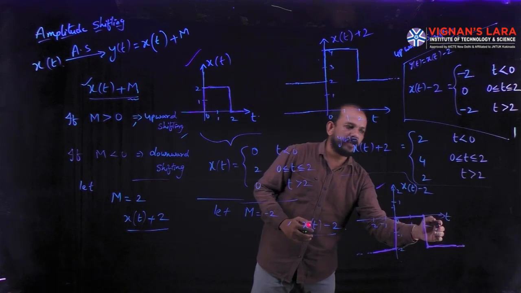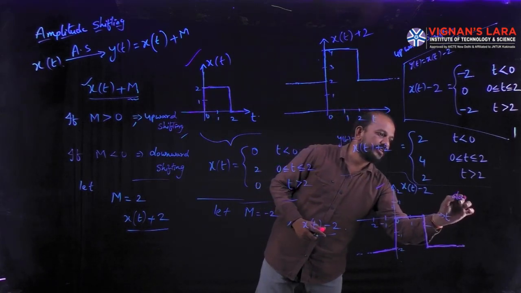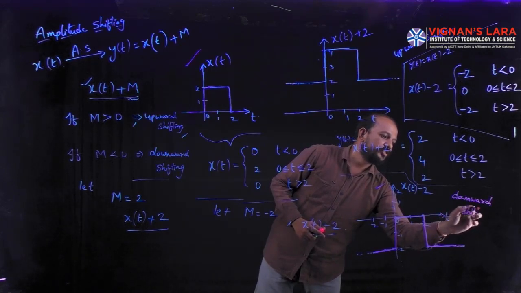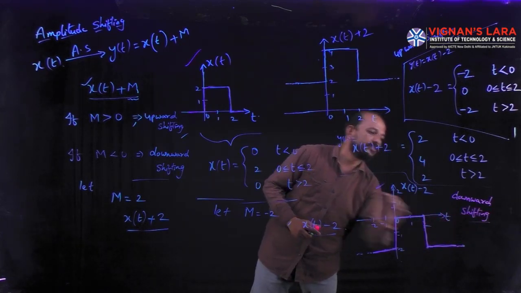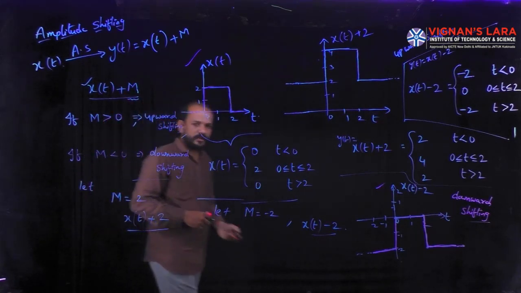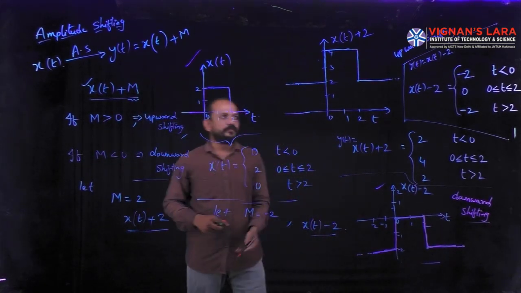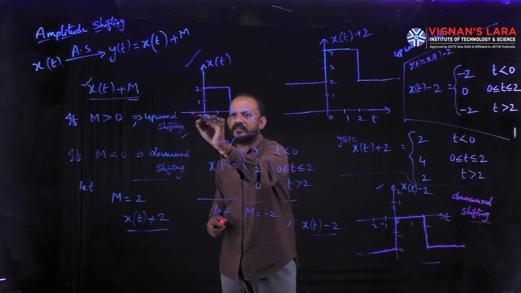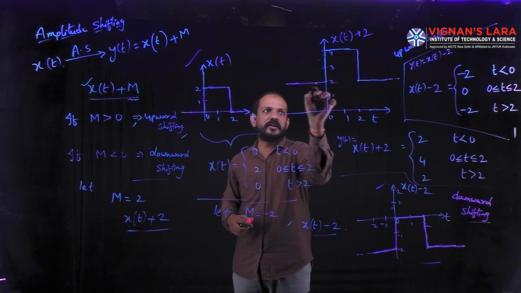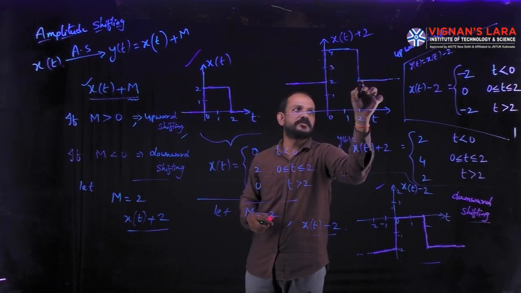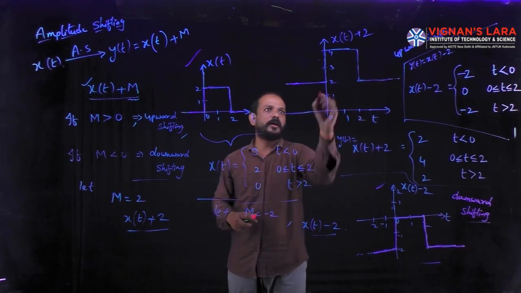Hence, this type of shifting is called downward shifting. Okay, simple logic. So here see the same waveform. This is the given signal. This is the shape. The same shape has been moved upwards.